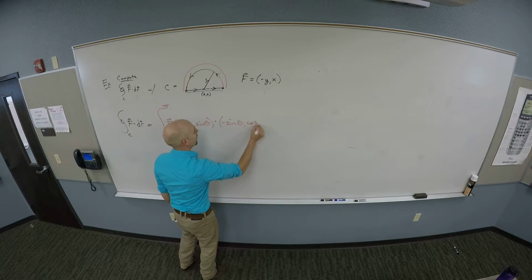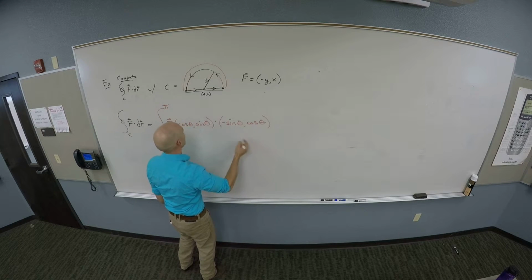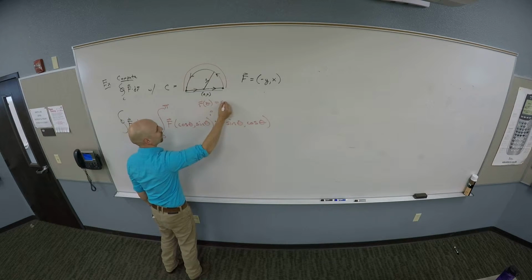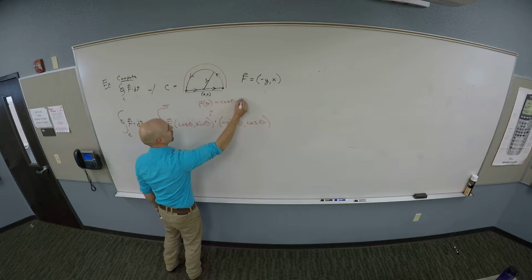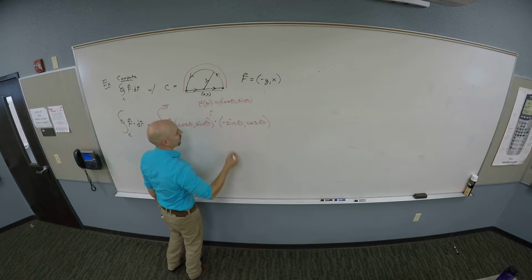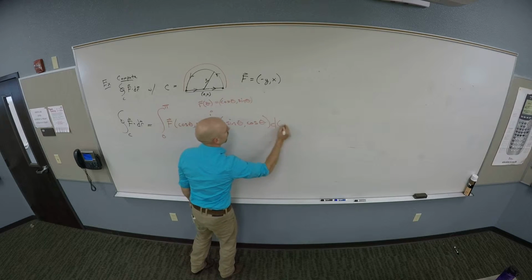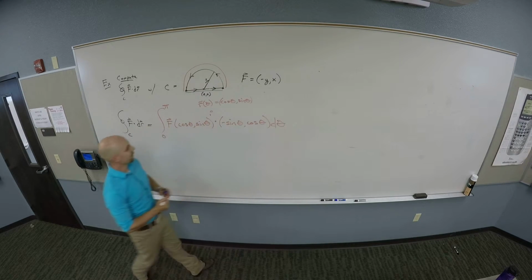This was me really thinking r of theta for red is cosine theta comma sine theta. Good. And then d theta.